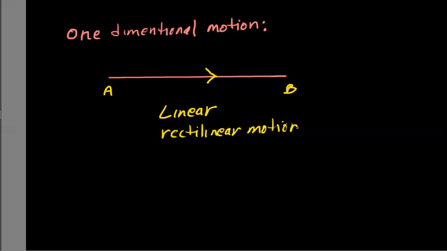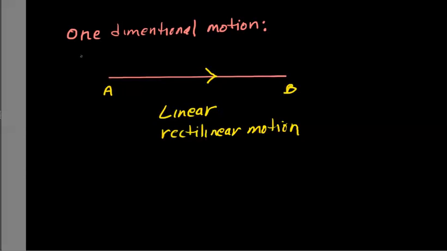If a body moves on a plane along a curved path, its motion is two-dimensional. And if it moves in space, its motion is three-dimensional. We shall only consider single dimension motion.